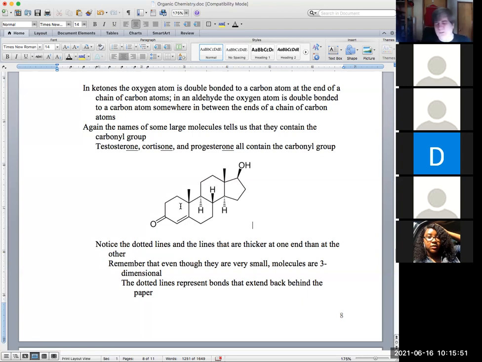So if we imagine taking this molecule, which is testosterone by the way, and laying it flat on your computer screen, the dotted lines represent bonds that go back into the computer. The bonds with wedges represent bonds that come out of the computer towards you. So this is a way to try to show the 3-dimensional shape of the molecule a little bit better.